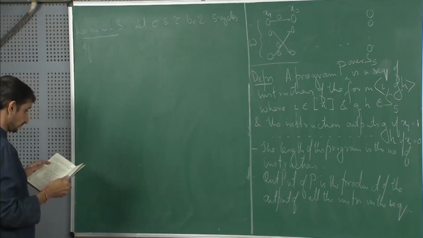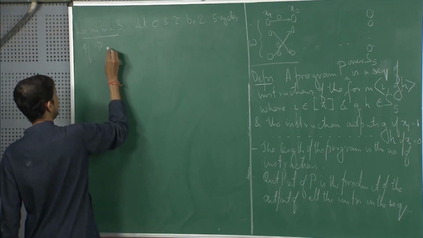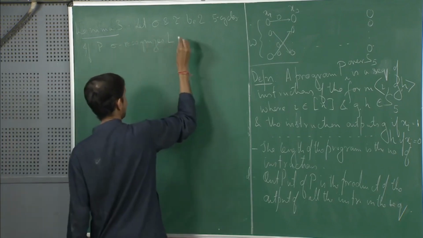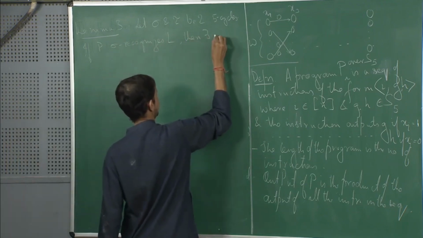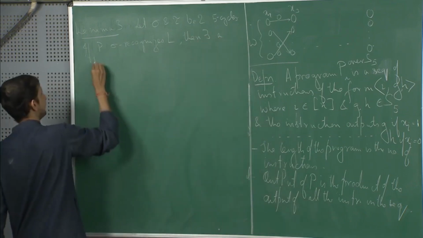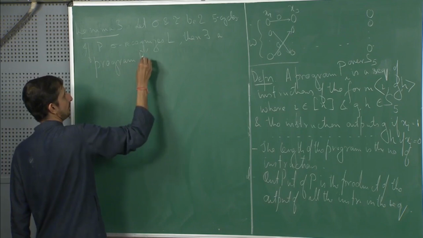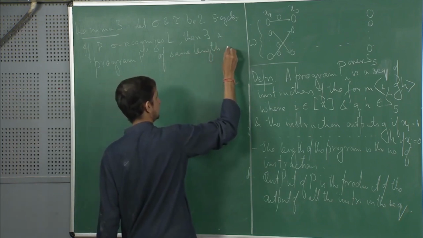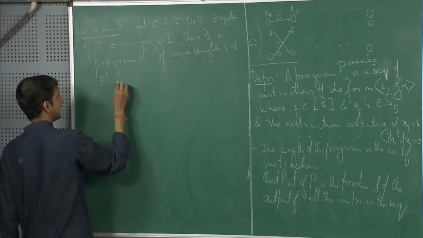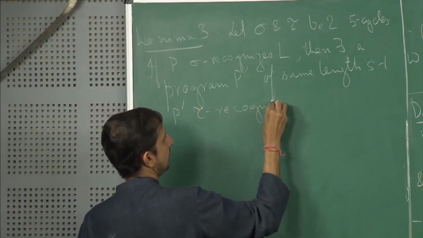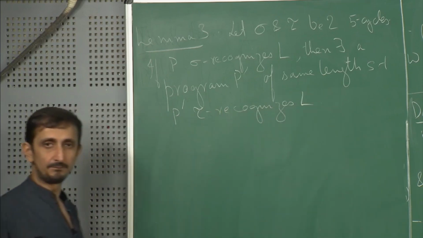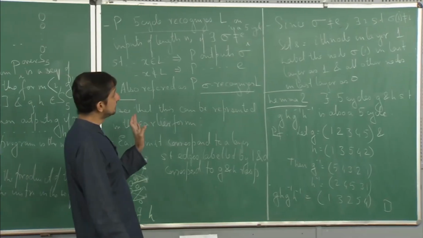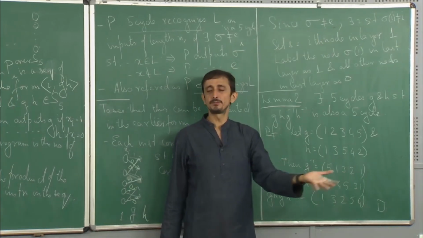If P sigma recognizes L, then there exists a program P prime of the same length such that P prime tau recognizes the same language L. Essentially what we are saying is that I can change this permutation without any blow up in the program size.